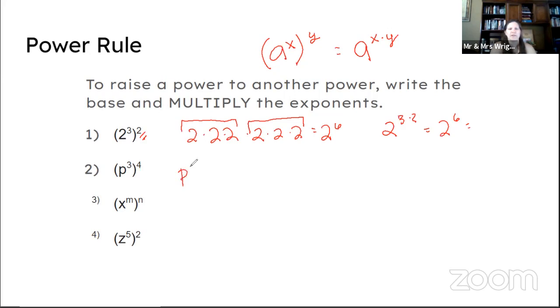So I'm going to write the base and then multiply the exponent. So that's p to the power of 12. Here I have x to the power of m times n, and that's as simplified as I can get this. So x^(mn), and m comes before n in the alphabet, so that's correct. All right, so z to the power of 5 times 2 is the same thing as z to the power of 10.